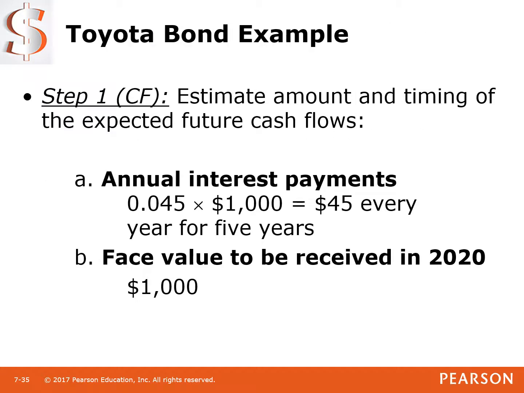Step 1. Estimate the future cash flows related to this bond. They're receiving annual interest payments of 4.5%. The assumption is it's $1,000 face value. So they're going to receive $45 every year for 5 years. They're going to receive $1,000 at the end of 5 years.